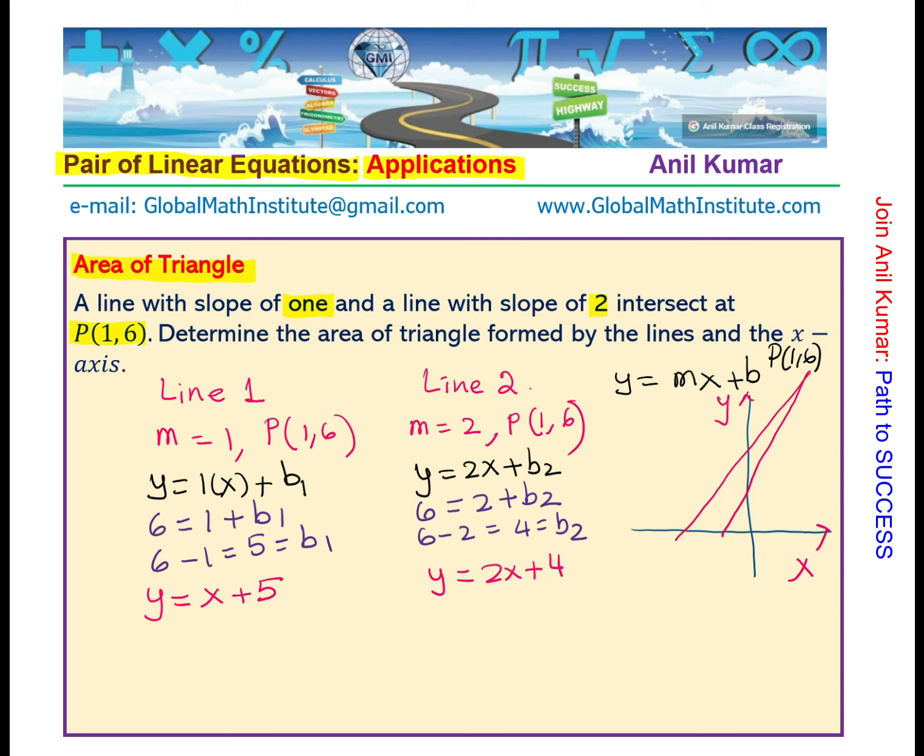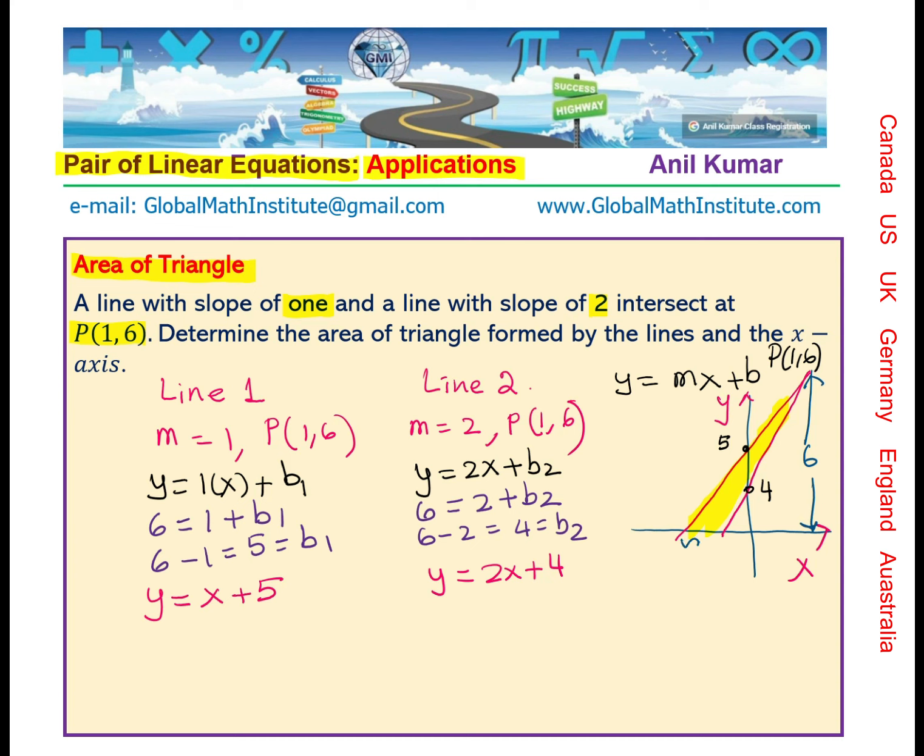And these are the points for line 1 and 2, the y-intercepts, which are 5 and 4. We are interested in finding the area of this triangle. Since the y value is 6, we know the height is 6.